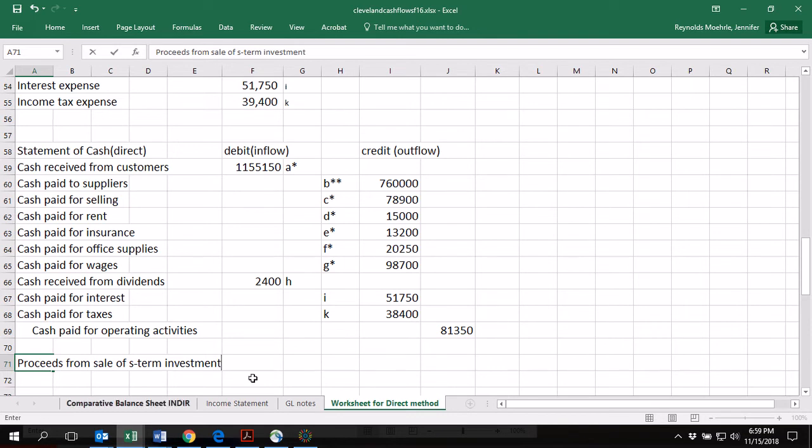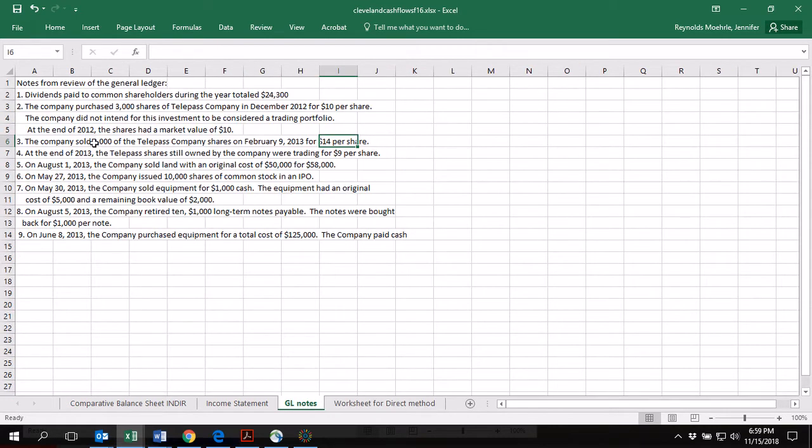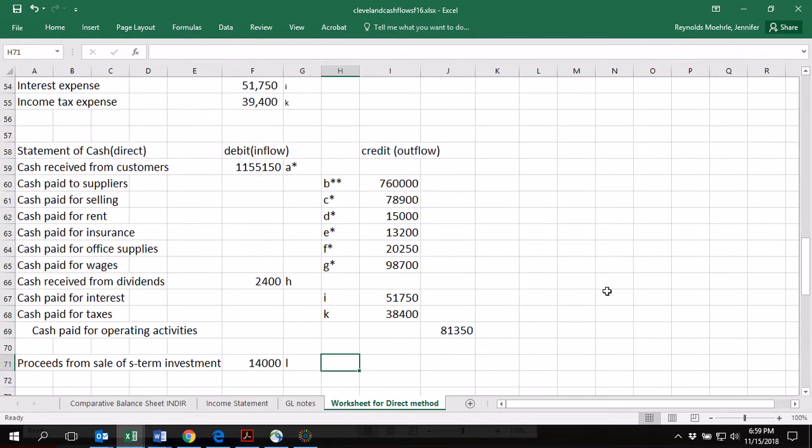Right, and that's going to be a debit, and it's going to be for $14,000 because that's what I need to make that all balance, and that's what I know from the general ledger detail to be true. Right, it said I sold 1,000 shares for $14 a share. Okay, so that was L.